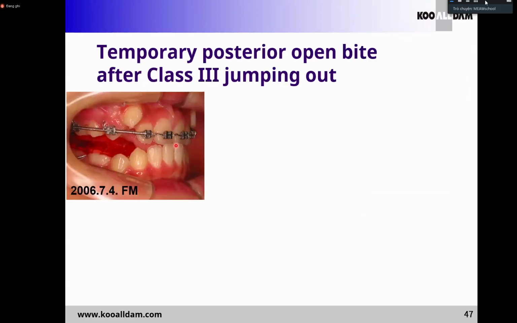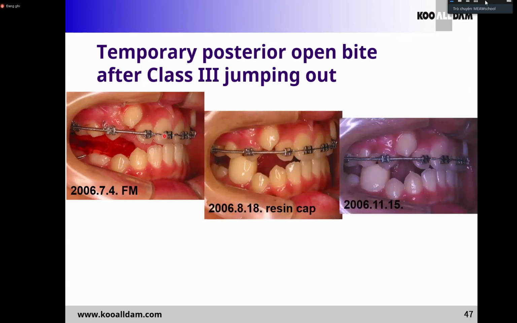Look at this patient. You can see after using face mask, however, it is not easy to achieve proper anterior overjet relationship. So I will insert resin overlay like this longer.